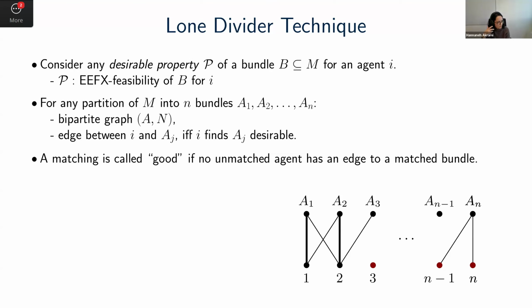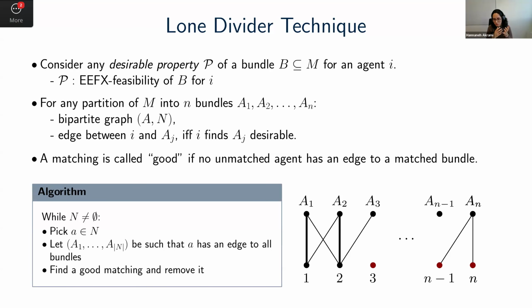So the idea of this technique is to cleverly find an initial partition, consider this graph, and iteratively find a good matching, then match the bundles to the agents according to this matching, remove them from consideration, and then solve the problem for the smaller instance.